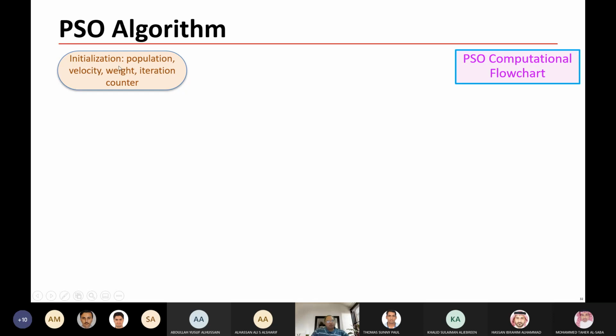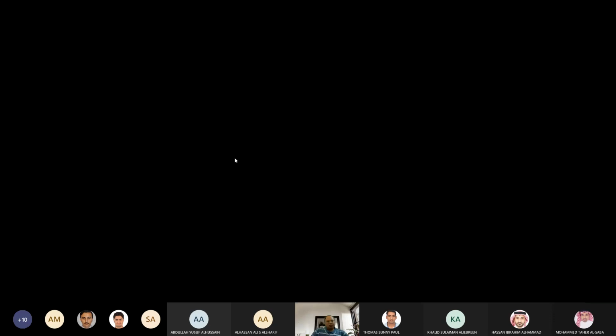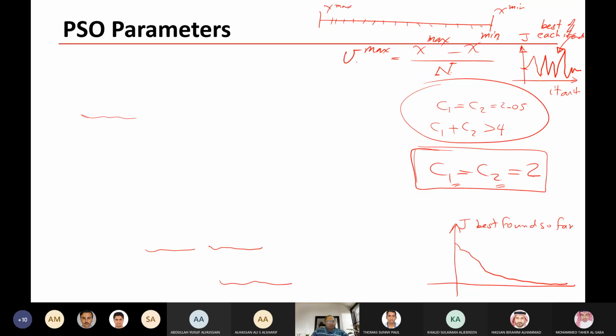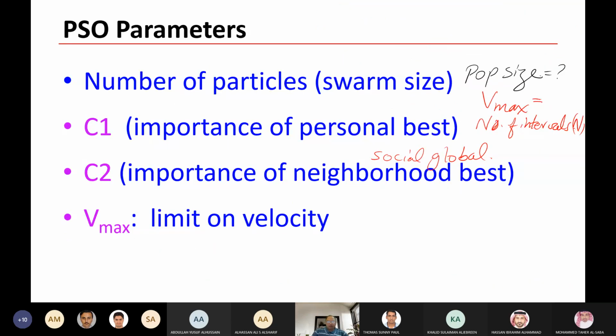This is also one of the parameters that should be listed here. This is not given here, but this is also another key parameter. The initial weight, W0.